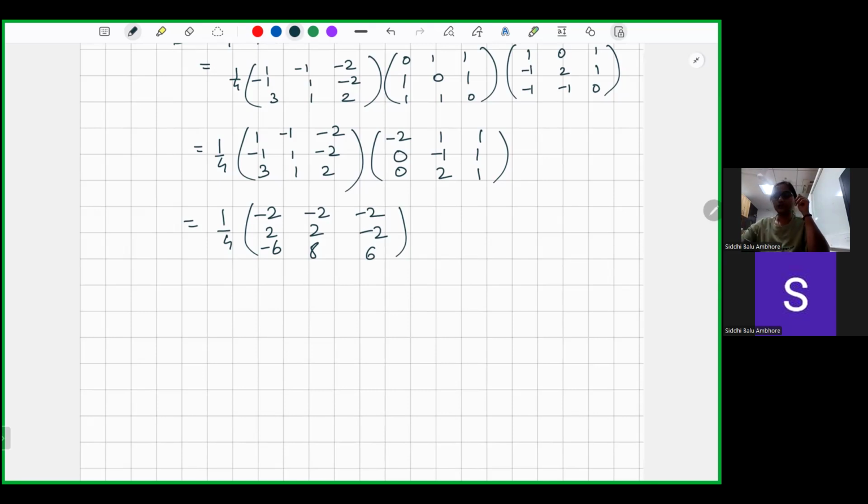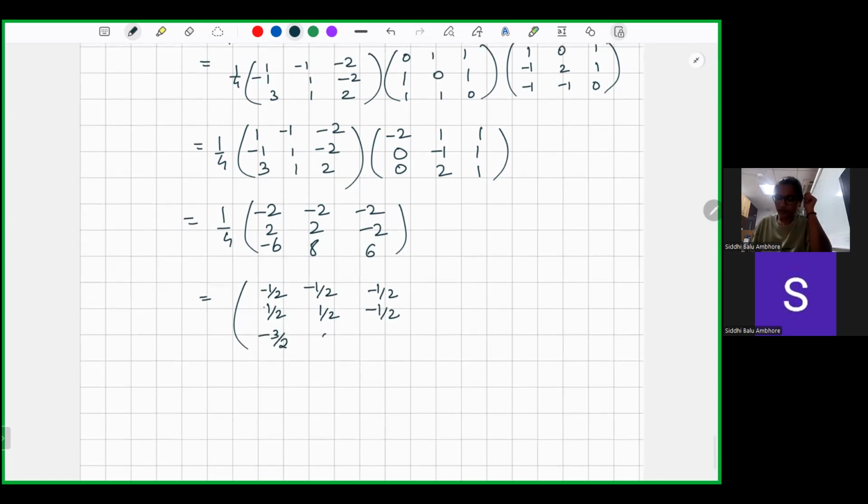Okay, so this is the required matrix multiplied by 1 by 4, and we will get 1, minus 1 by 2, minus 1 by 2, minus 1 by 2. Then 1 by 2, 1 by 2, minus 1 by 2, minus 3 by 2, 2, and then 3 by 2.